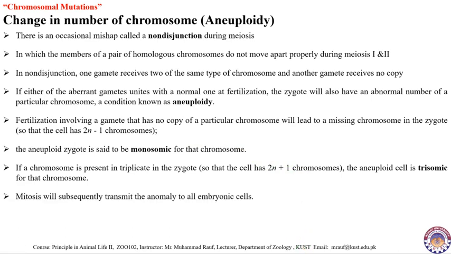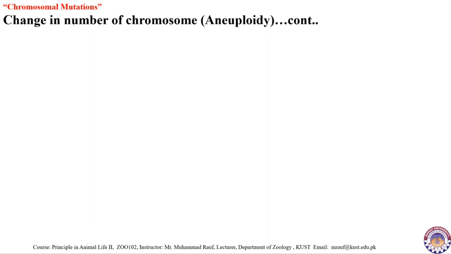Mitosis will subsequently transmit the anomaly to all embryonic cells. So if the chromosome complement of a zygote is 2n-1 or 2n+1, then all the descendants of that zygote will have the same chromosome complement.